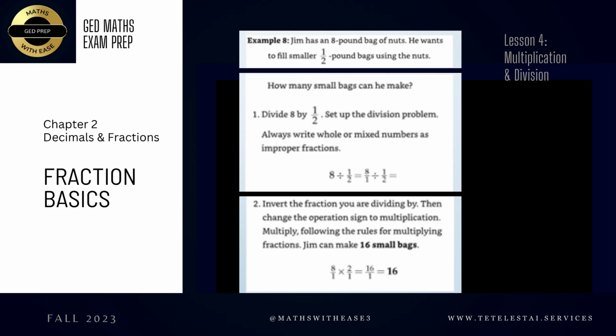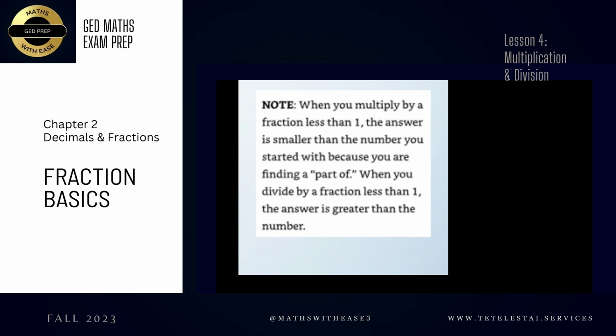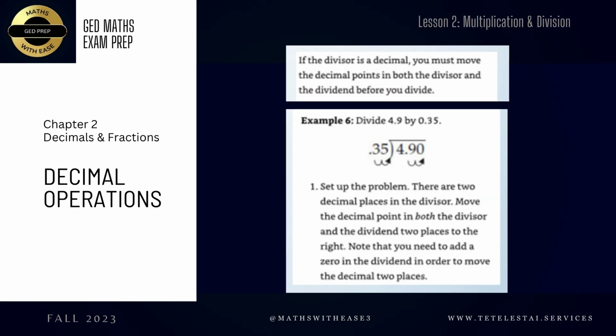And then the other statement, on page 53, says when you divide by a fraction that's less than 1, the number is always greater. Let me show you. Here we're dividing by 0.35, which is less than 1, and our answer was greater, our answer was 14.